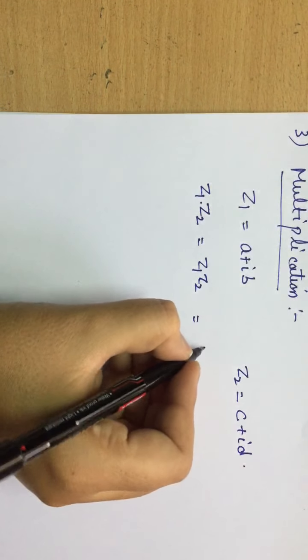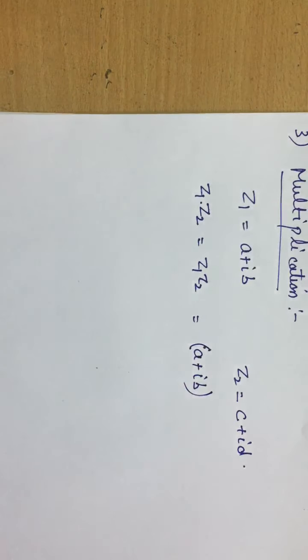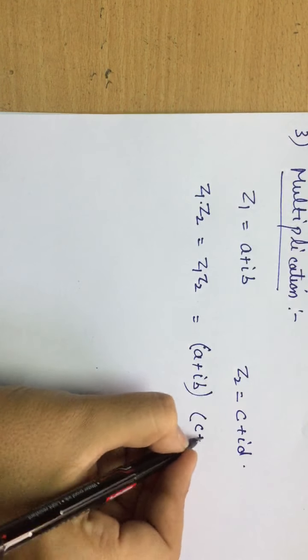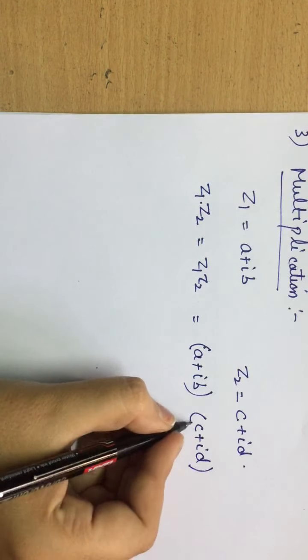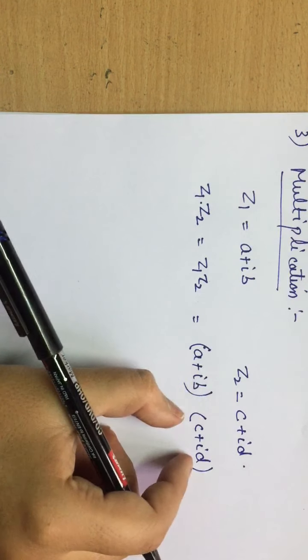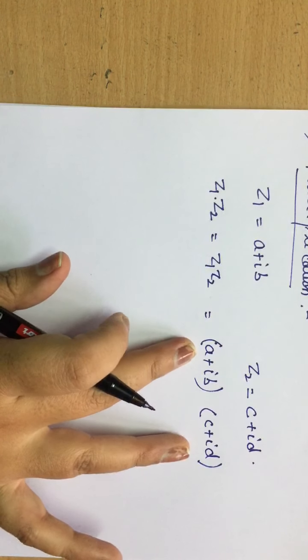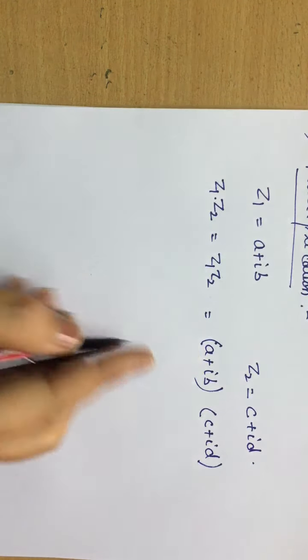So z1 into z2, write the value of z1 in bracket, and then write the value of z2 in bracket, because it is not one value, it has two parts, so we have to put the bracket.